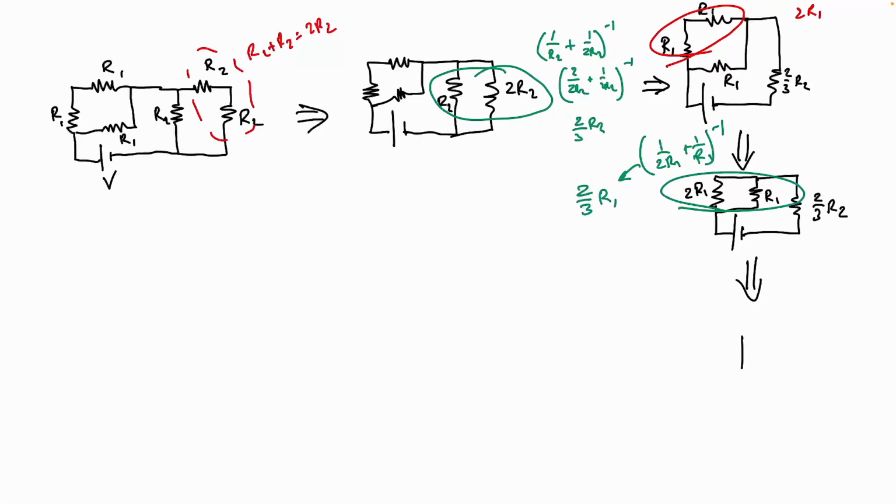I have a battery. And I have a resistor and another resistor. And this one's 2/3 R1 and this one's 2/3 R2. And what are those? Series. So I've got a battery with one resistor in it that is 2/3 R1 plus 2/3 R2.